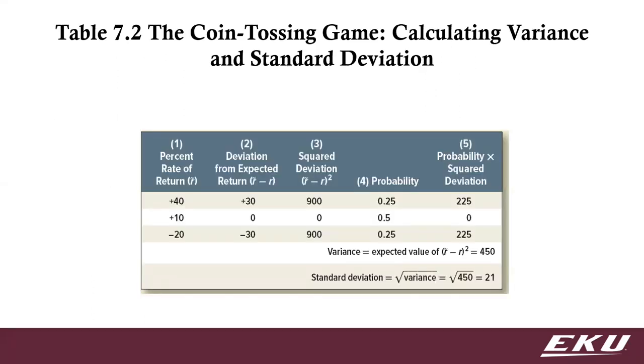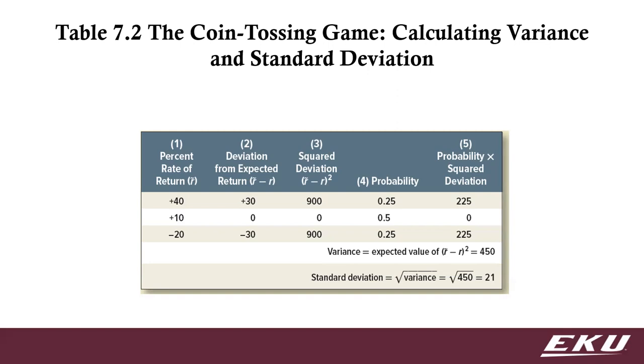And this is just to show an example. This is 3 different rates of return. You can either gain 40, gain 10, or lose 20, right? And then when you're looking at how far that is from the mean, the average return would be 10, right? Because it's 10 plus or minus 30.